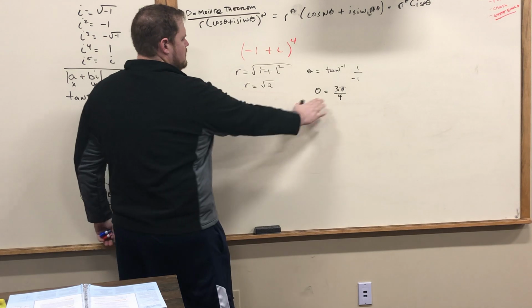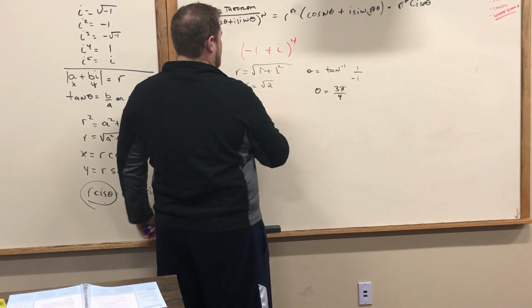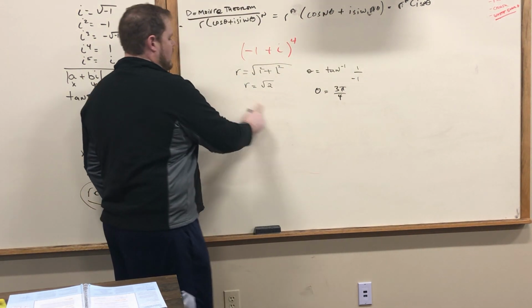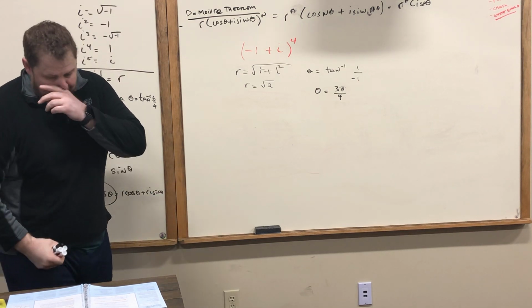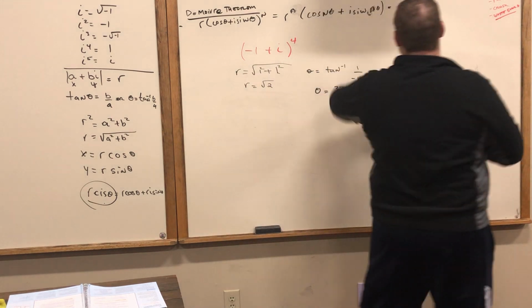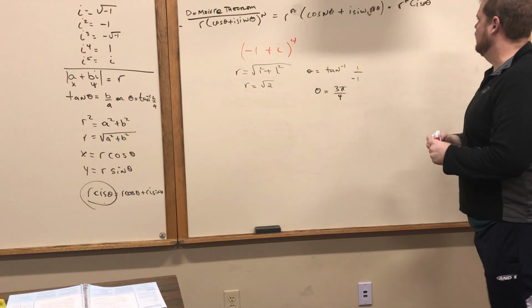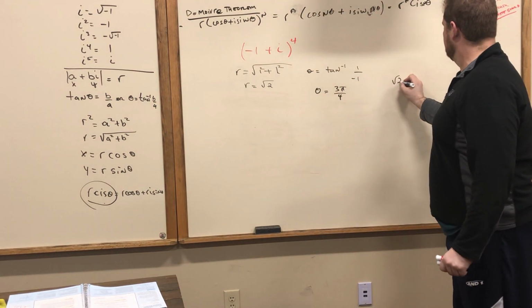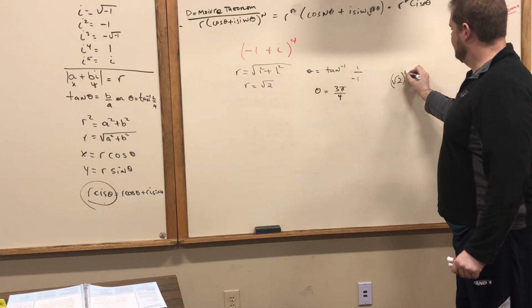You can't do any of this until you find your r and your theta. So we found those first, then we plug in. If we were to plug it in to our simplest form, obviously let's always go with the simplest form, our r is square root of 2 to the fourth power, right?